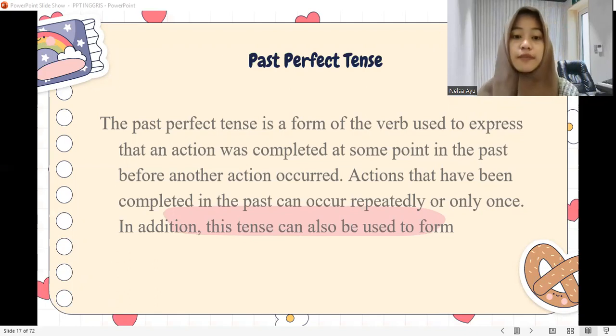Actions that have been completed in the past can occur repeatedly or only once.